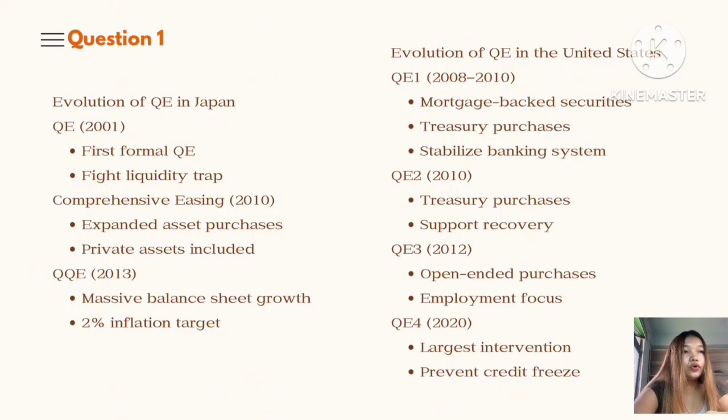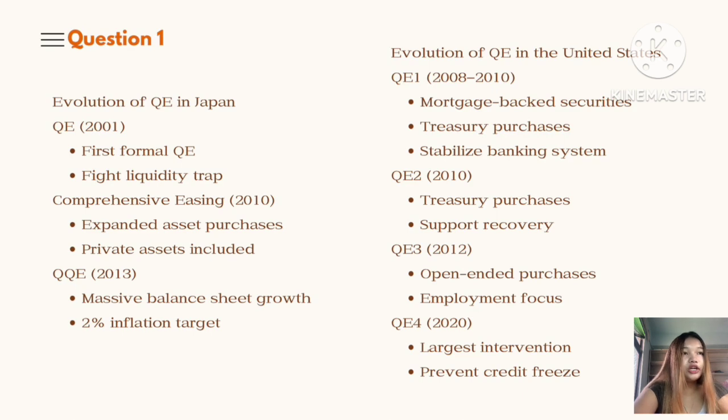QE 3 became more aggressive because purchases continued without a predetermined limit. Policymakers explicitly aimed to improve labor market conditions. Finally, QE 4 during COVID-19 represented the largest intervention in Federal Reserve history, primarily designed to prevent a complete freeze in credit markets. Overall, U.S. QE gradually evolved from crisis management toward broader macroeconomic stabilization.